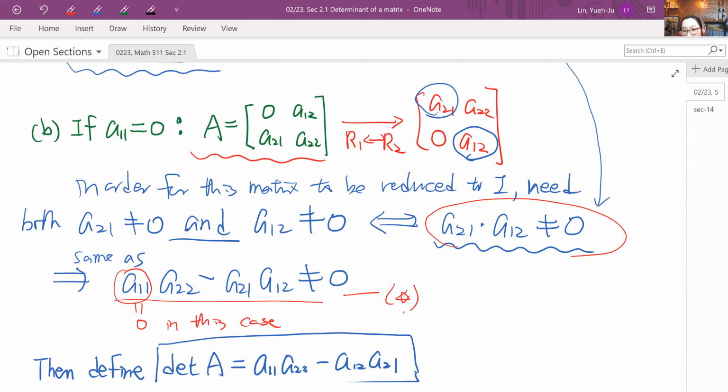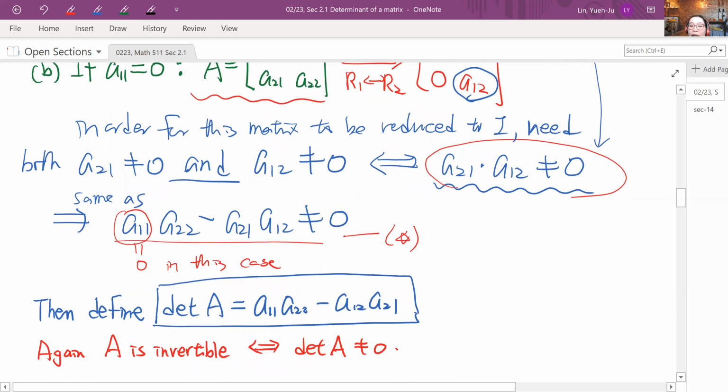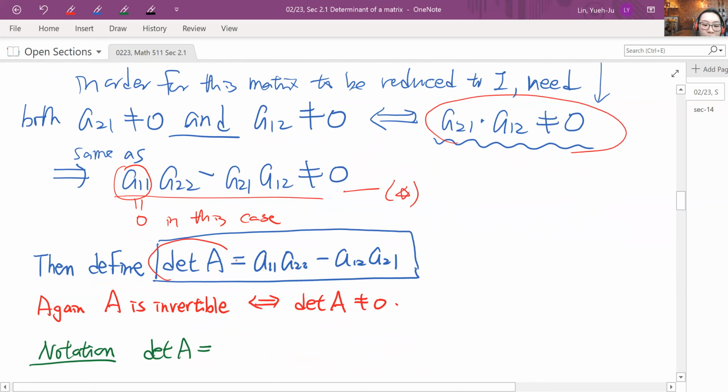So it turns out that it doesn't matter whether A11 is 0 or not. If we want the matrix to be able to reduce to identity, we need this star equation. So this tells us that this number, whatever that is, should be the right formula for us to define the determinant. So for a 2x2 matrix, we define determinant A to be this formula.